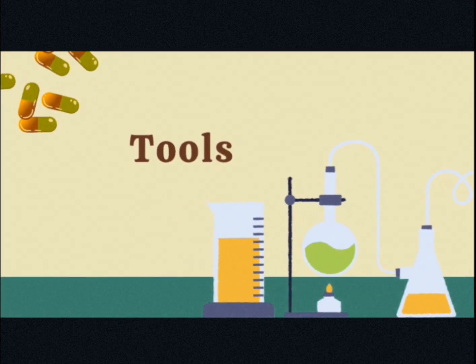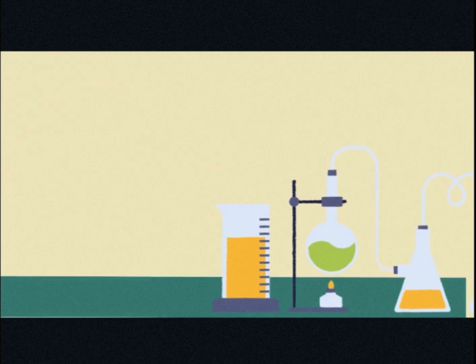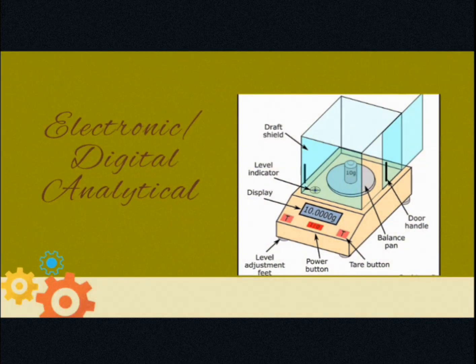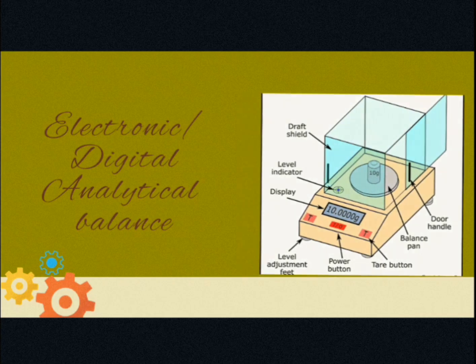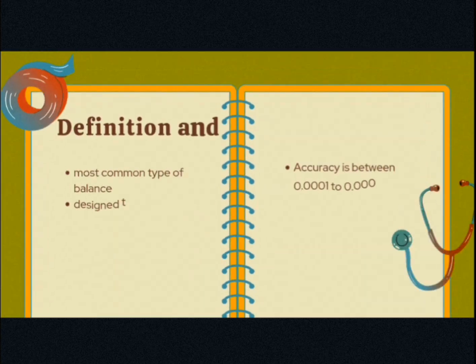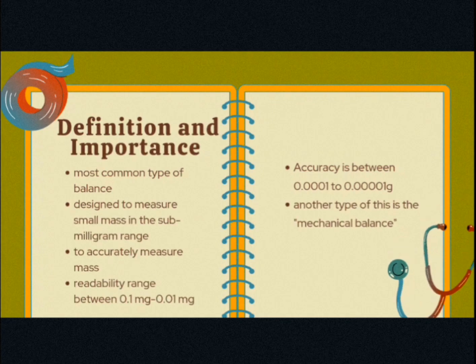So the next one is the tools in analytical chemistry. First is the electronic or digital analytical balance. It is the most common type of balance designed to measure small mass in the sub-milligram range.